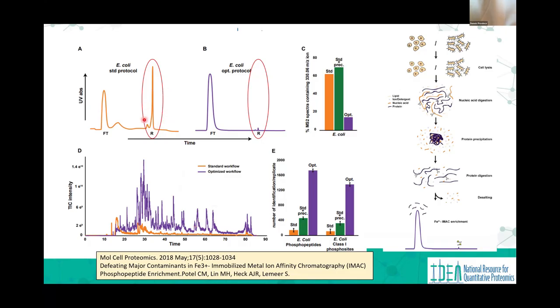So here's their standard protocol, and here's their optimized protocol. And, it's a really little peak here, a really big peak there. And when I first read the paper, I thought, oh, they've got the figure legends wrong, right? I mean, surely the optimized is the big peak. But what they found was, yeah, they could get material off, but it wasn't phosphopeptides.